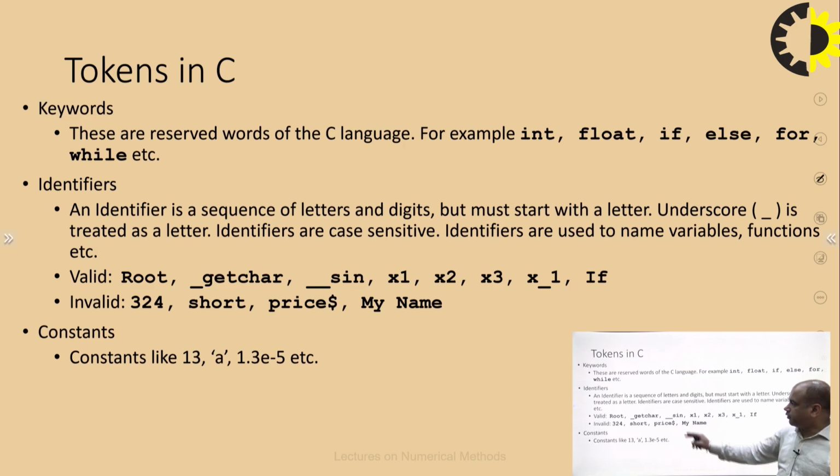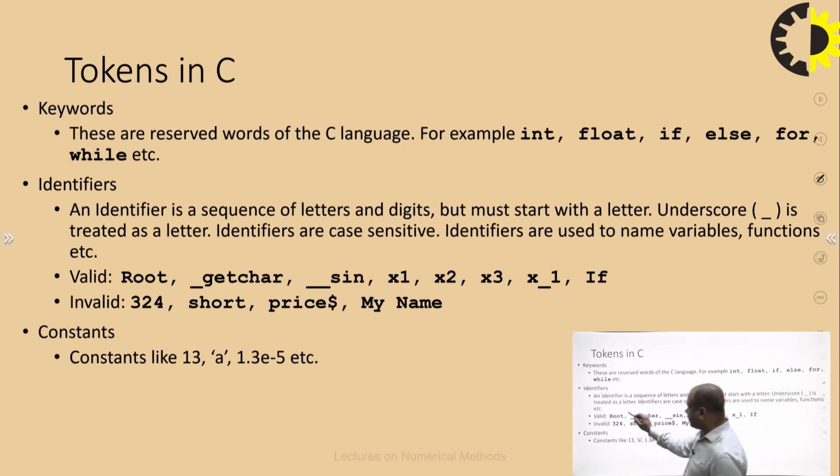If I talk about valid identifiers, this one is a valid identifier because the first capital letter is there and it starts with a character according to this statement. This one is also valid because a special symbol is used, and that special symbol is underscore.